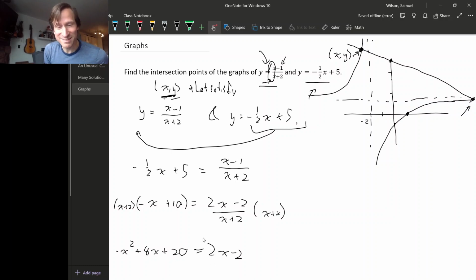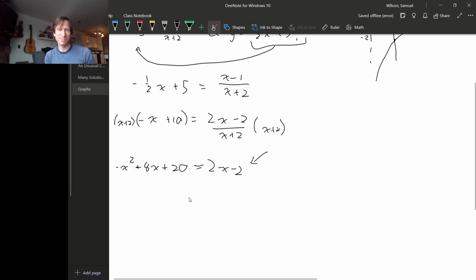Now this equation has become quadratic, so we know how to solve this now. Move everything to one side. 0 equals x squared, so then minus 8x plus 2x, that's minus 6x. Minus 20, minus another 2, minus 22.